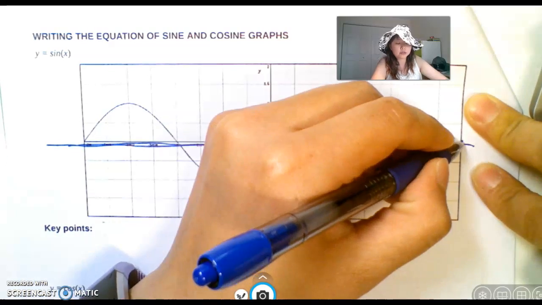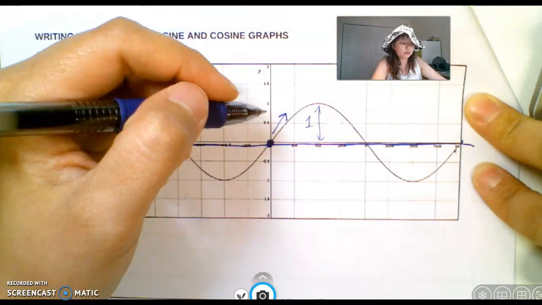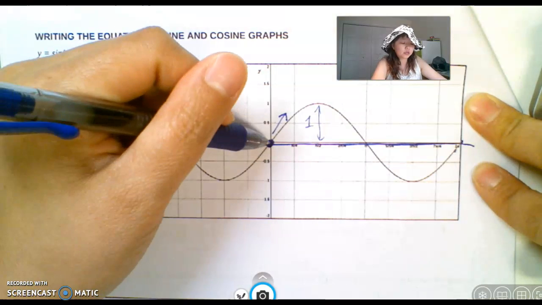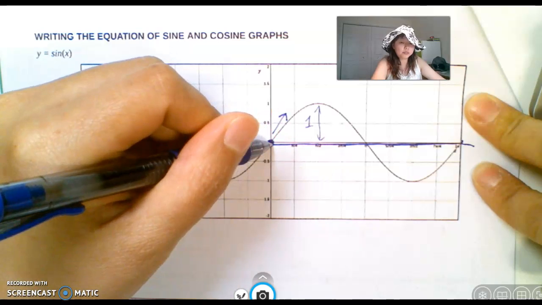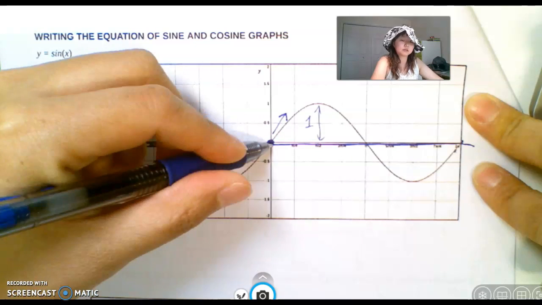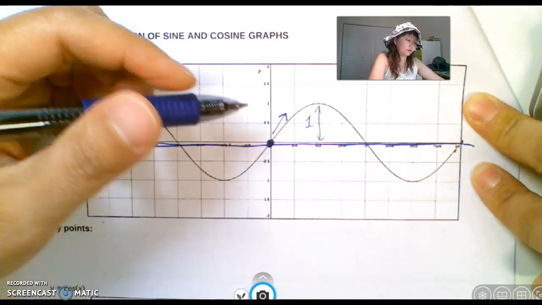But once it hits right here, it's going to repeat again. So when you're writing the equation, you're going to see how that origin point moved. Did it go up? Did it go down? Did it move to the left? Did it move to the right? So that's going to be a key point.